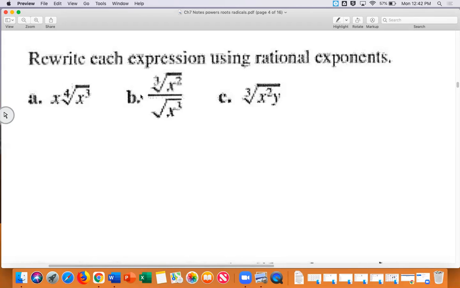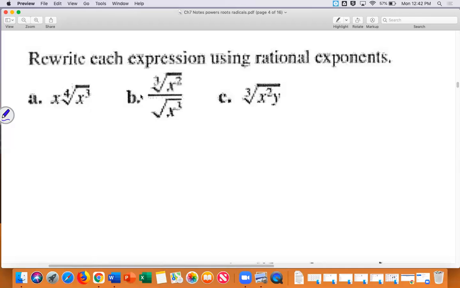Now, it's asking us to rewrite each expression using rational exponents. All right. So let's not focus on this x. Let's just forget that. Let's look at this root part.